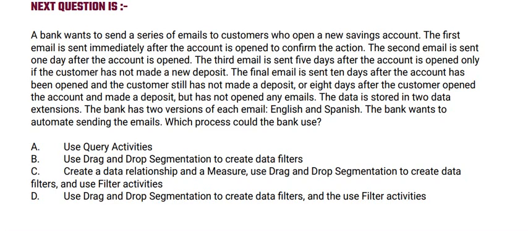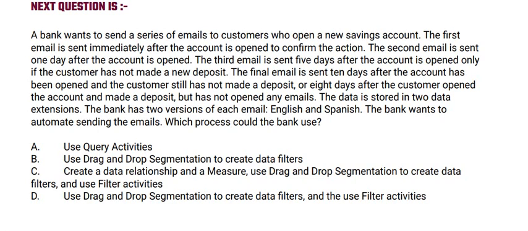The data is stored in two data extensions. The bank has two versions of each email, English and Spanish. The bank wants to automate sending the emails. Which process could the bank use? Options are: Option A, use query activities. Option B, use drag and drop segmentation to create data filters.